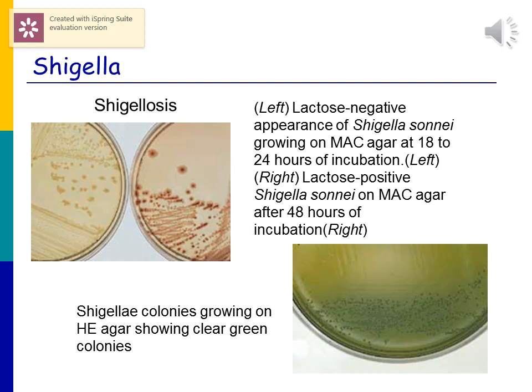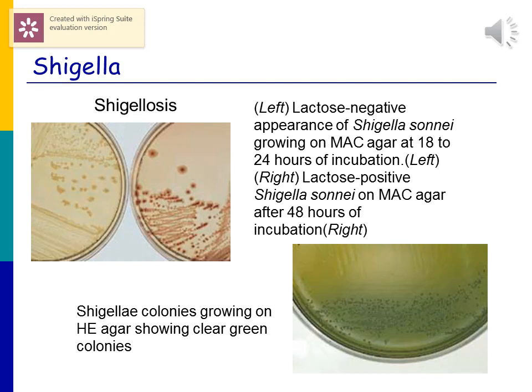So Shigella causes shigellosis. It is a late lactose fermenter. On the left you can see lactose negative on MacConkey agar of Shigella sonnei after 18 hours of inoculation, but after 48 hours of inoculation, Shigella sonnei will start to become pink.